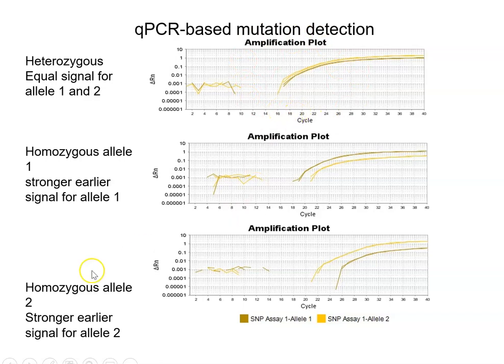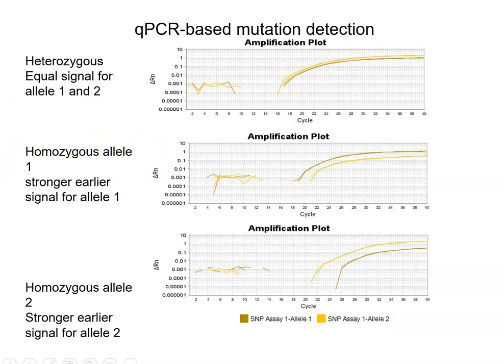We have a probe that recognises wild type, we have a probe that recognises mutant, and in a heterozygous individual, both probes work effectively the same. We have pretty much the same CT value, we have the same total amount of fluorescence produced, so the mutant and the wild type probe are working with similar efficiency because there's equal amounts of mutant and wild type DNA.